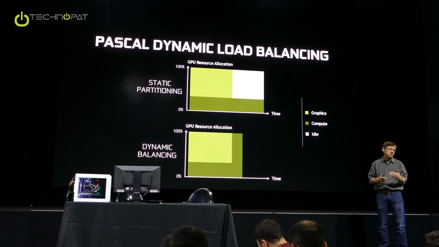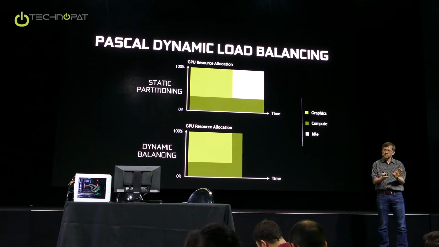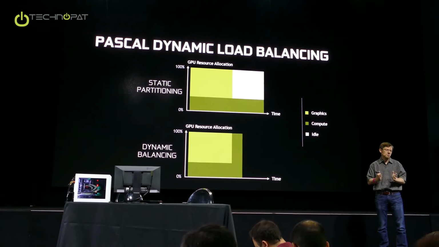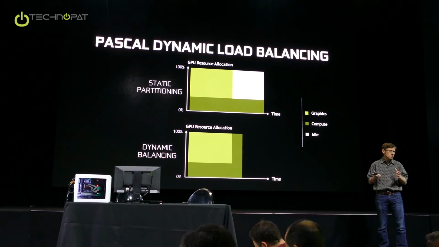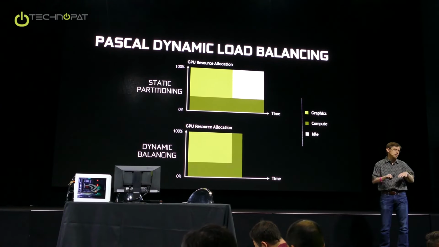So the change we made in Pascal is we have a static partitioning mode, which you can use if you want that iron grid partitioning. We also now have a new dynamic mode. In the dynamic mode, the driver can tell us how it thinks it wants things to be set up. But if we see that work isn't coming in for a period of time, we'll say maybe we should let things slosh around a little more.